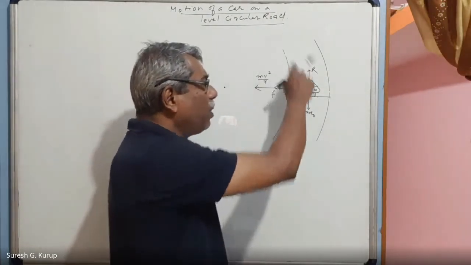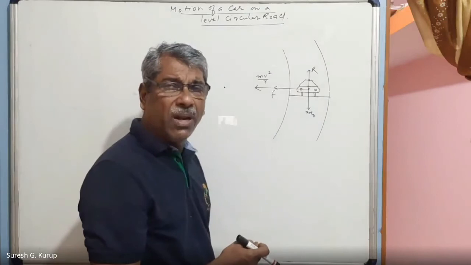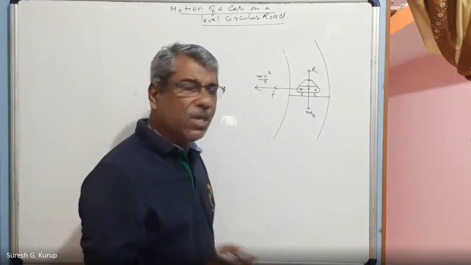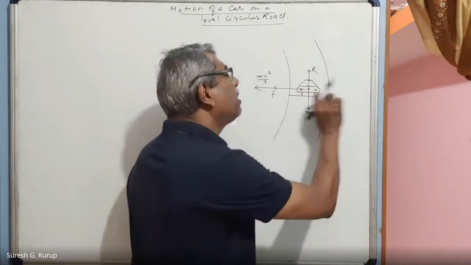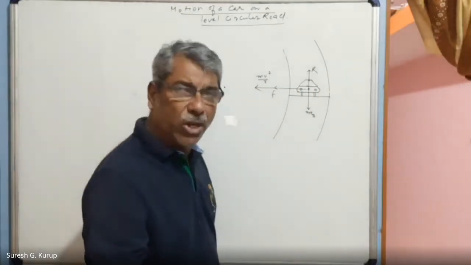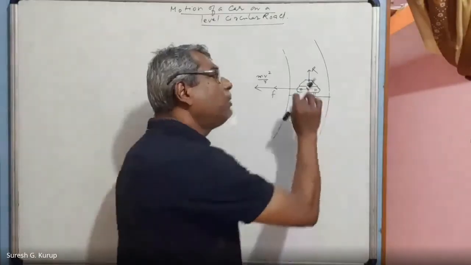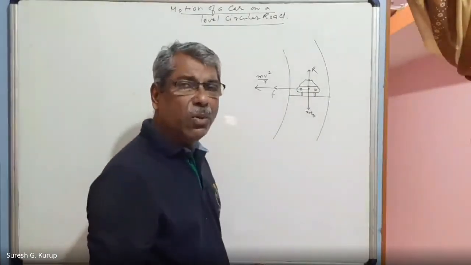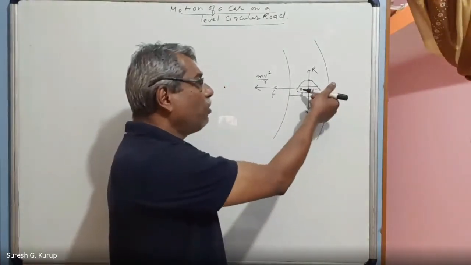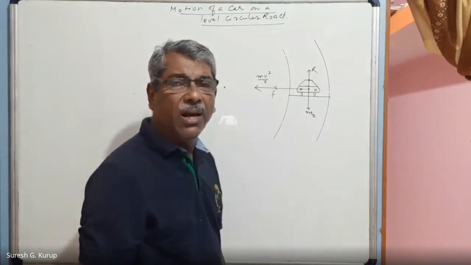When the body moves in a circular path like this, there is centrifugal force, meaning it has a tendency to move in the outward direction. Therefore, the force of friction is in the reverse direction.